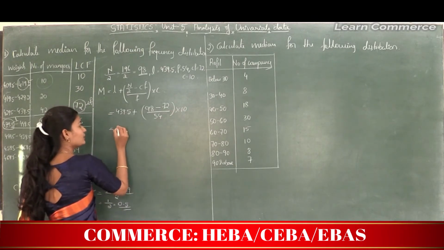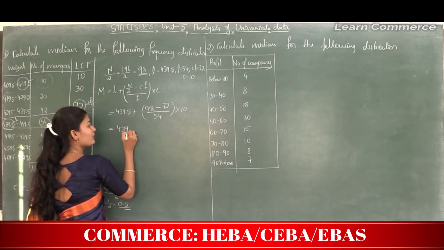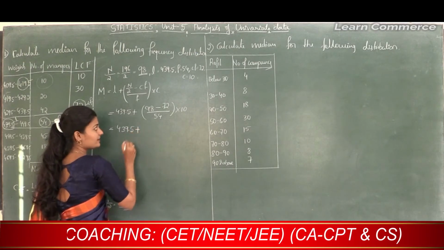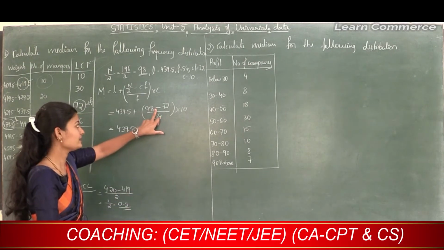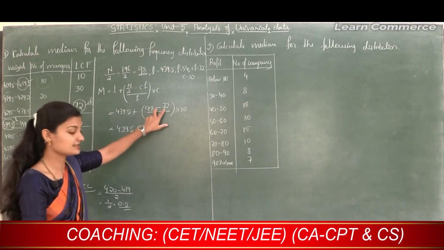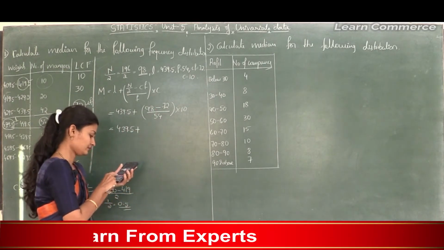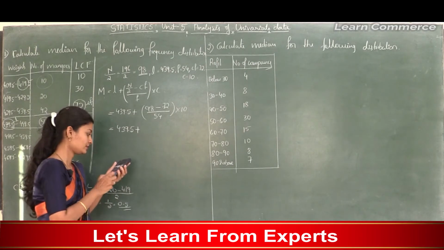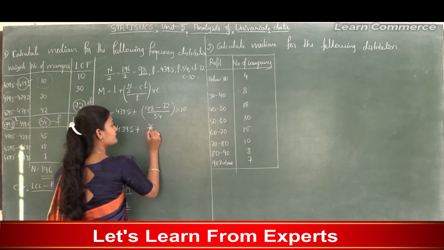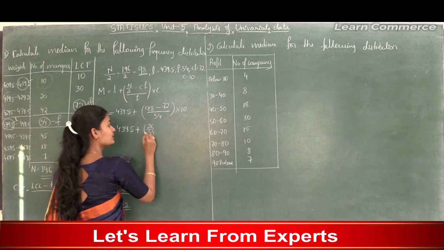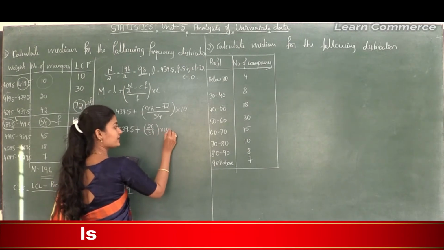This is equal to 439.5 plus, first I will subtract these two values, 98 minus 72 is 26, divided by 54, into 10.